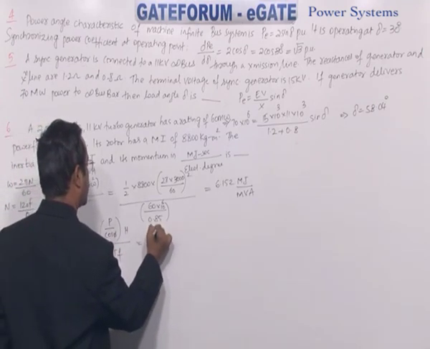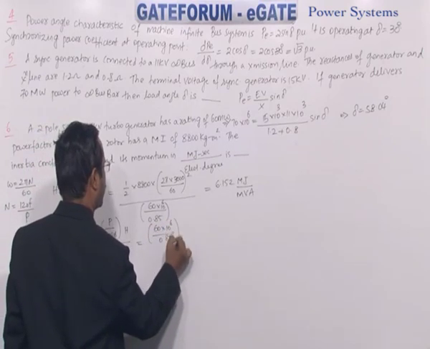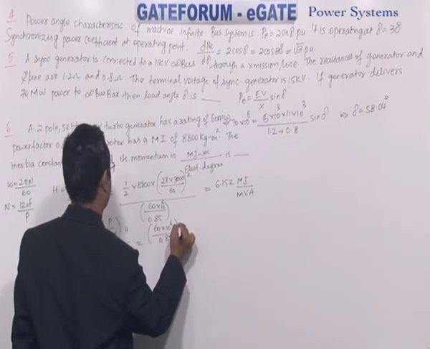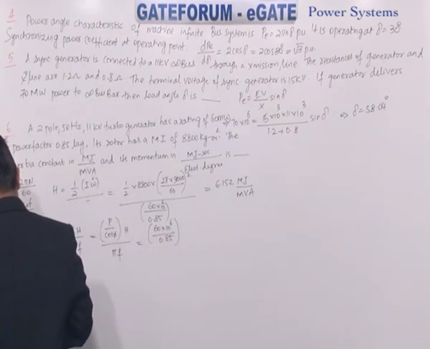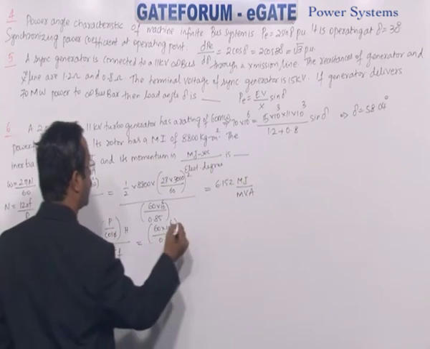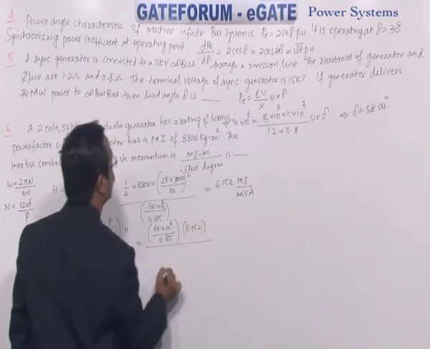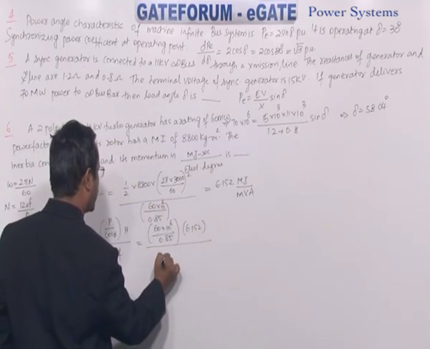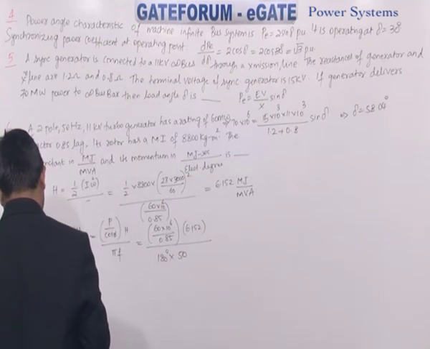So how much? 60 megawatts by 0.85. H value is given in the question, 6.152. You want it in degrees, so write 180 degrees. Frequency F is 50.